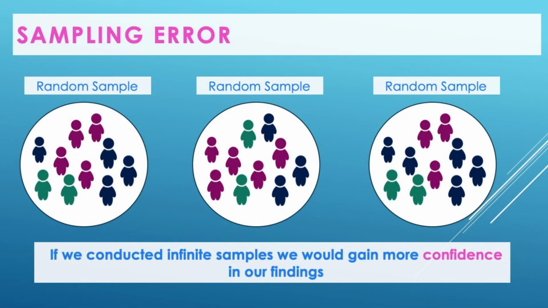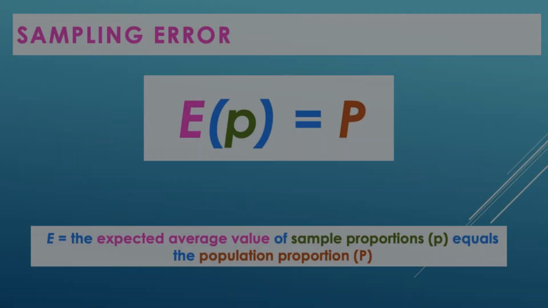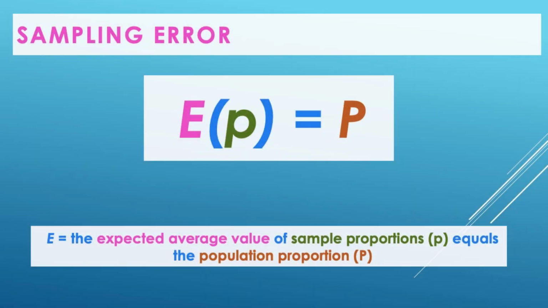Essentially what we're saying is that if we conducted infinite samples, we would gain more and more confidence in our findings and have a better understanding of what that true population parameter must be. To say that in another way, as your book points out, it is expressed here with E representing the expected average value of P, the sample proportions, which would be equal to the population proportion.